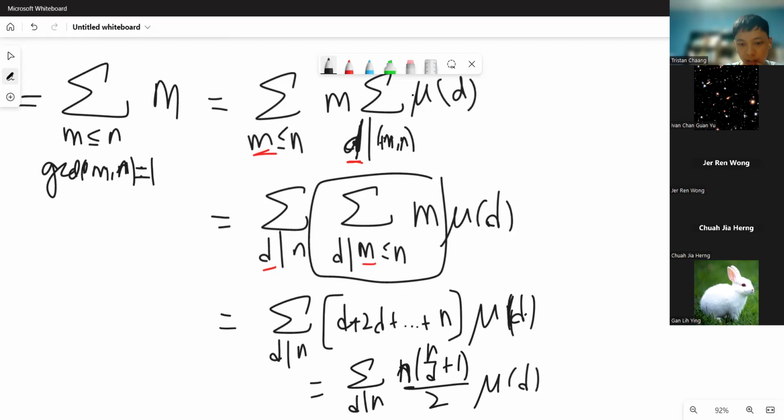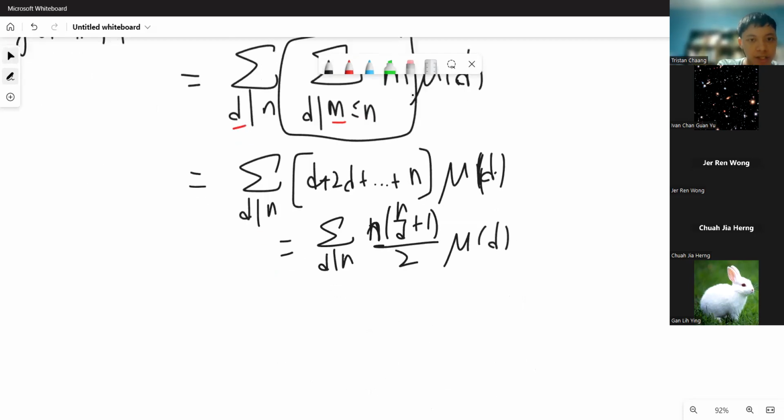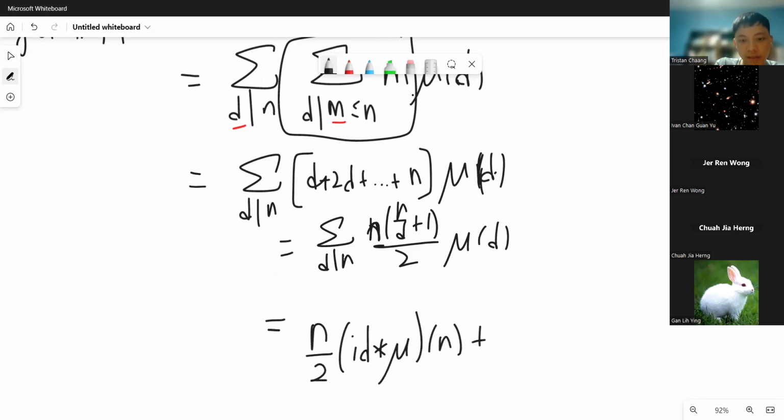Okay. Yes. So expand this all out. This is n over 2, the convolution of id and mu, plus n over 2, the convolution of 1 and mu.